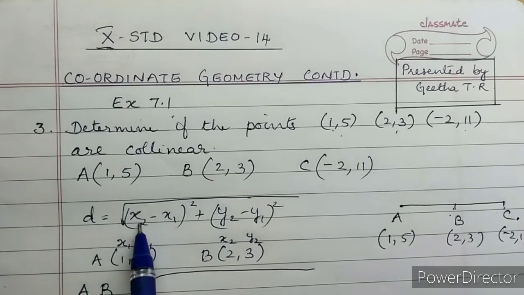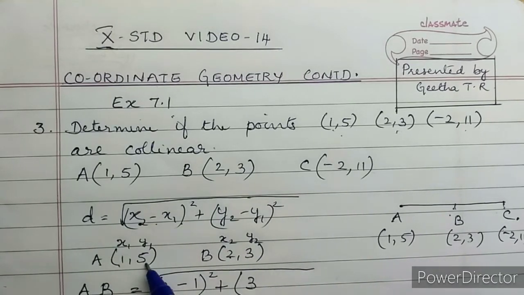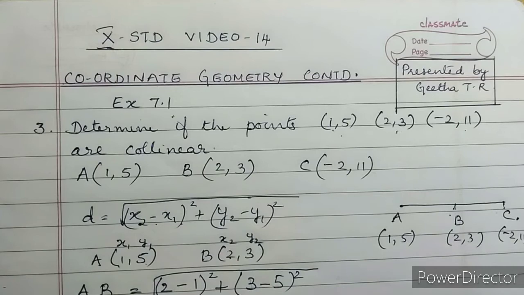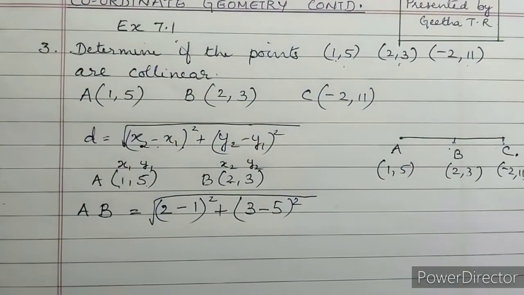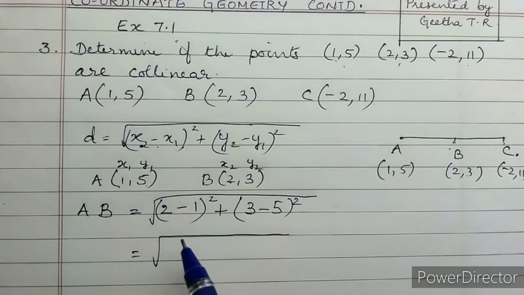Square root of (x2 minus x1) the whole square. What is x2 here? It is 2. 2 minus x1 is 1, the whole square, plus y2, how much? 3. y1, how much? 5. 3 minus 5 the whole square, which is equal to square root of 2 minus 1, how much? 1. 1 square plus 3 minus 5, how much?